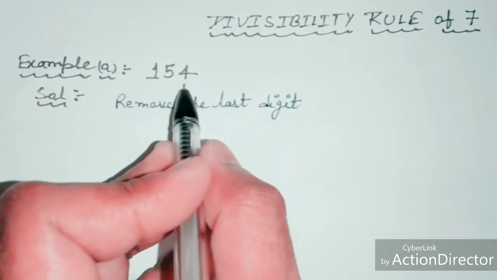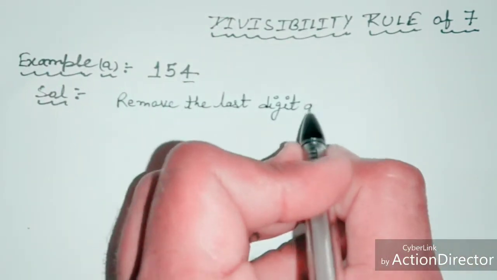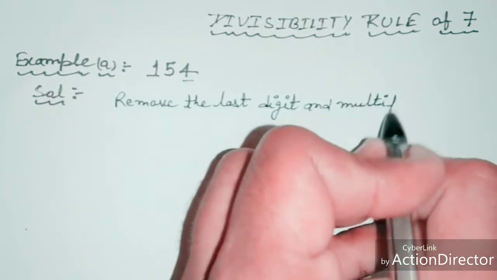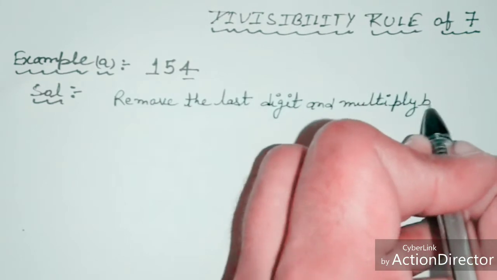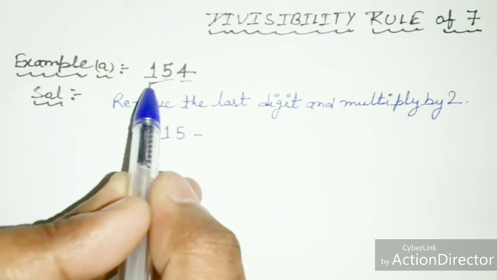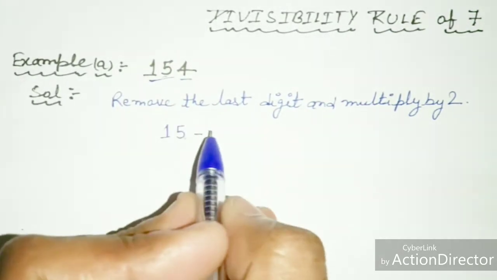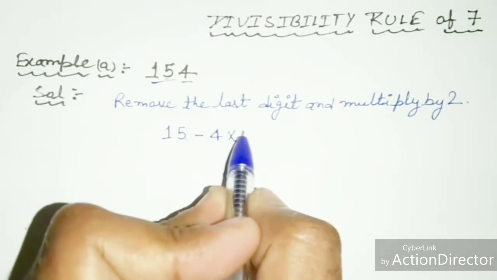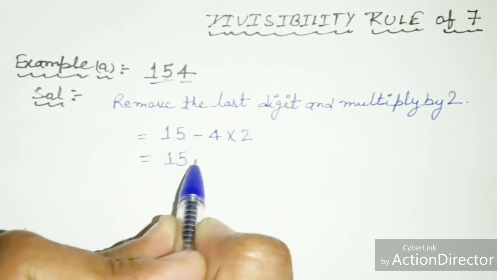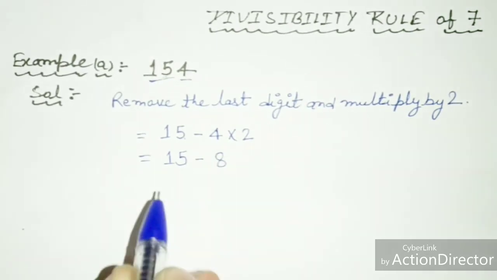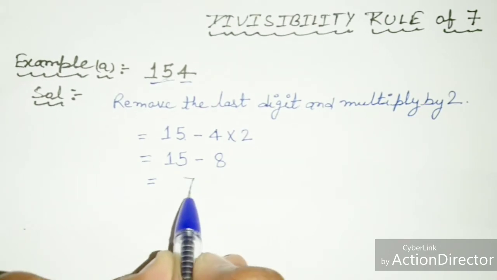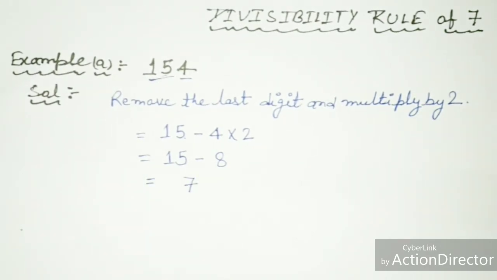The last digit is 4 here, multiply by 2, and subtract it from the left of the number. So 15 minus 4 into 2, that is 15 minus 8, and it gives the difference 7, and 7 is divisible by 7.